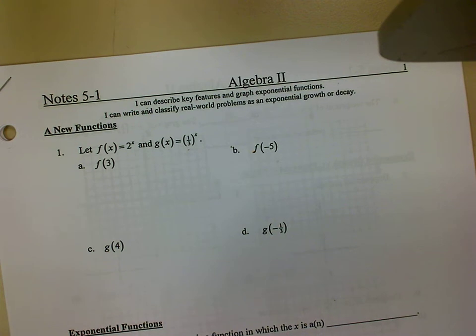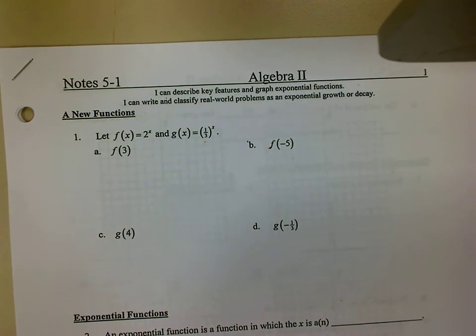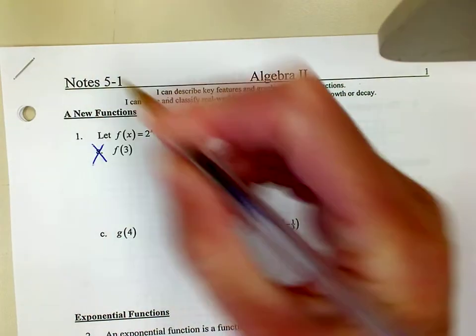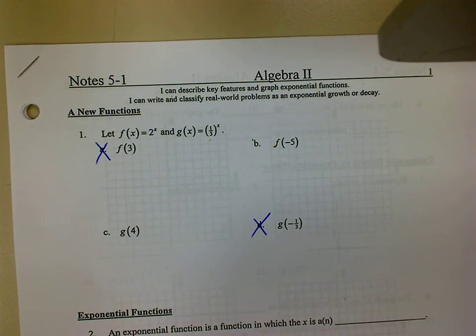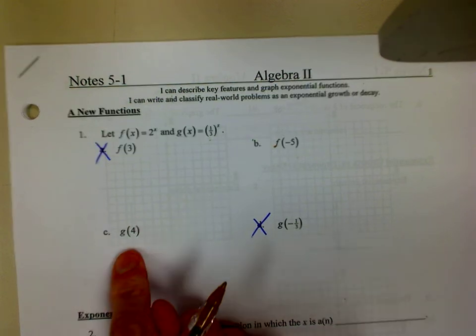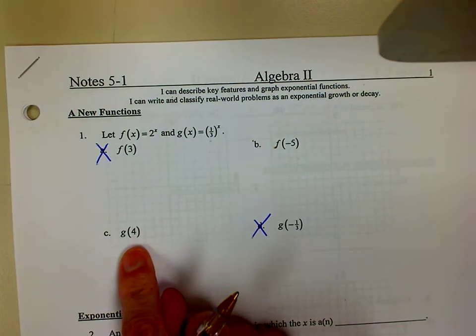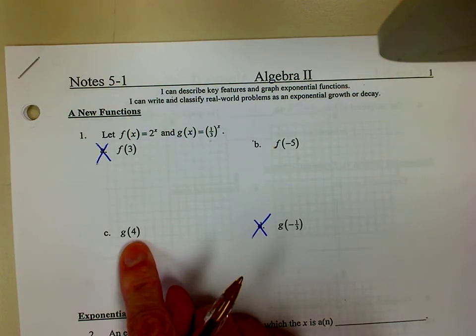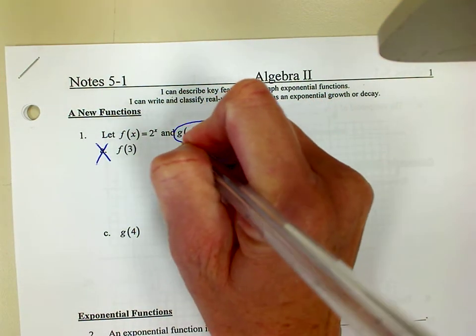Okay, so I'm going to cross off A and D. No need to do all those. I actually want to do C first. So up here at the top, I have an f of x and I have a g of x. So I'm going to put 4 into g of x because it says g of 4.